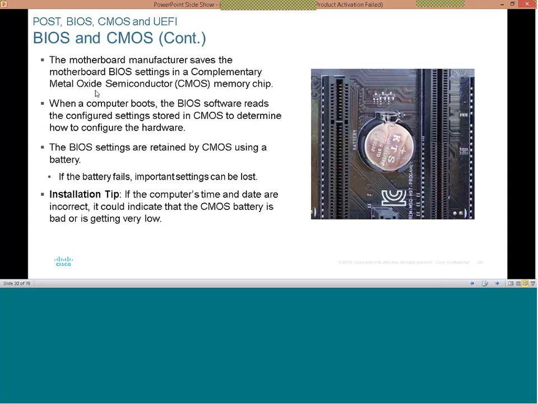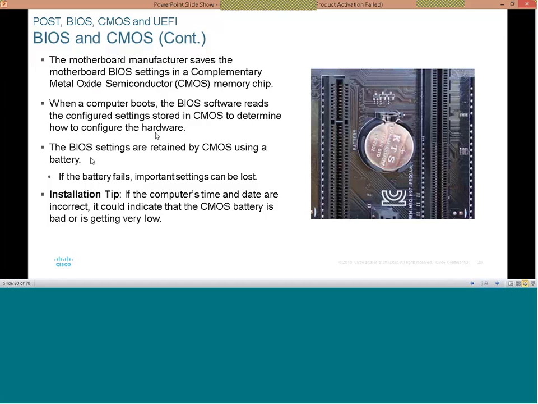That tells you that when a computer boots, the BIOS software reads the configured settings stored in the CMOS. So the settings of the BIOS are actually stored in the CMOS memory chip. So you need to get that to determine how to configure the hardware.